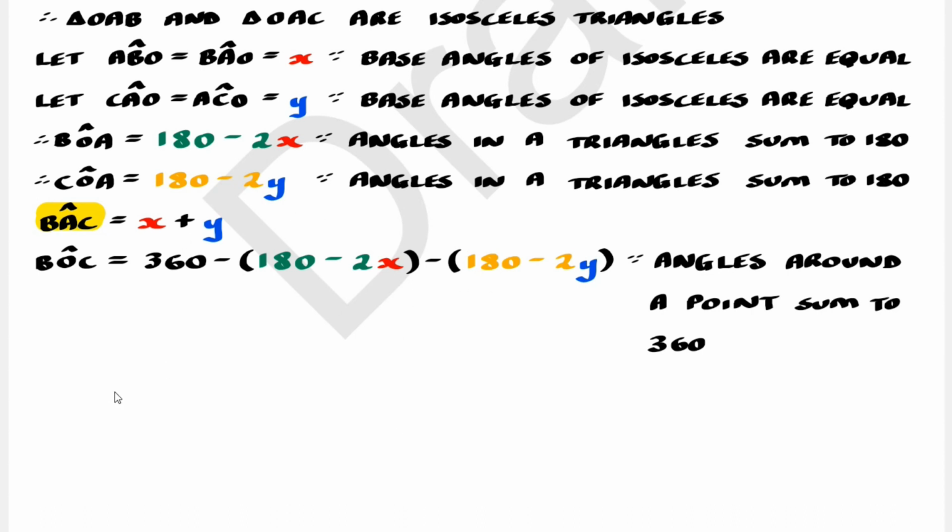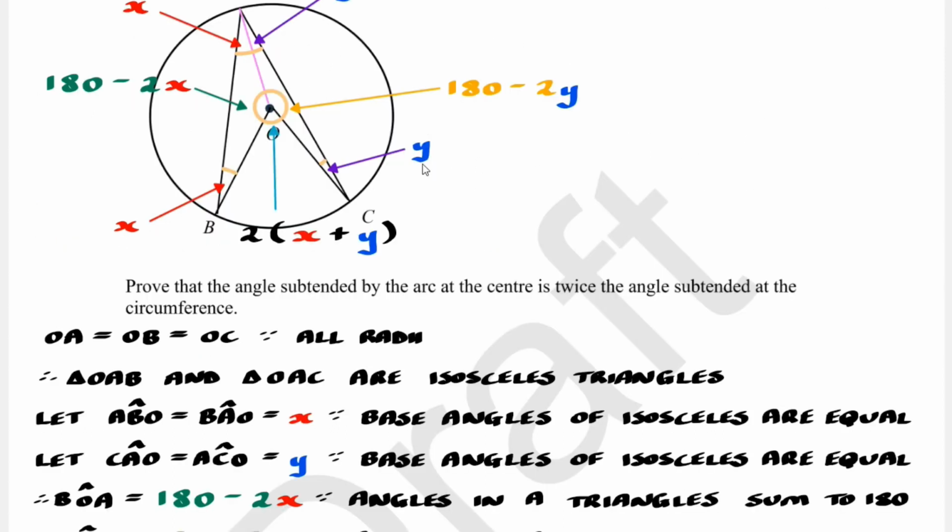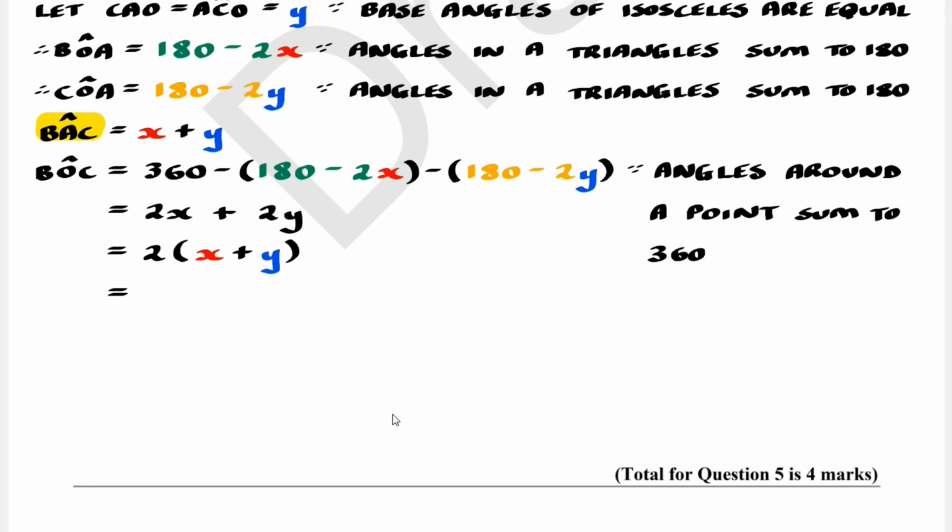So if I simplify this result, we get 2x plus 2y, and if I factorise out a 2, we have 2 multiplied by x plus y. But we've said that x plus y is what the angle BAC is. So this angle is 2 times by x plus y, which is twice the angle BAC.